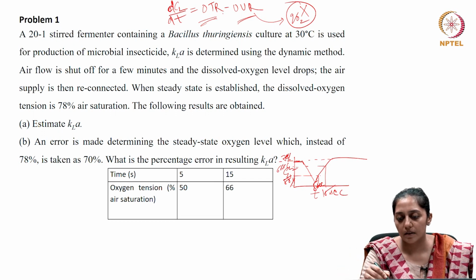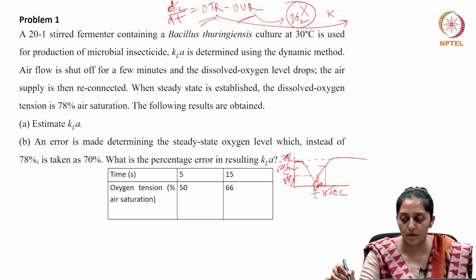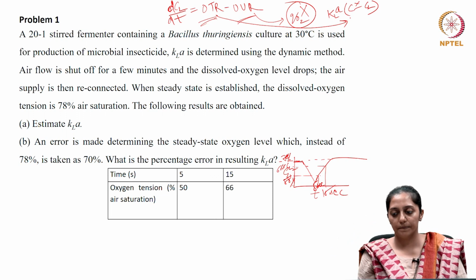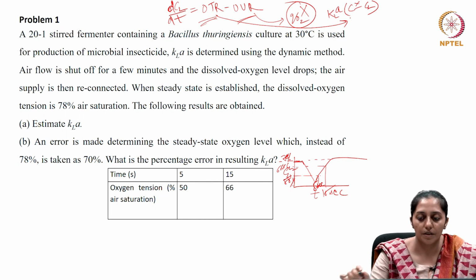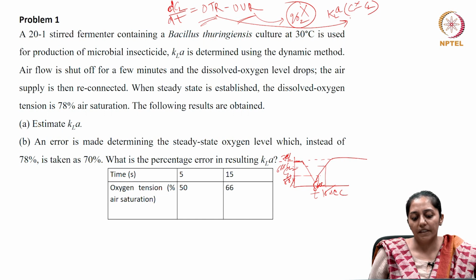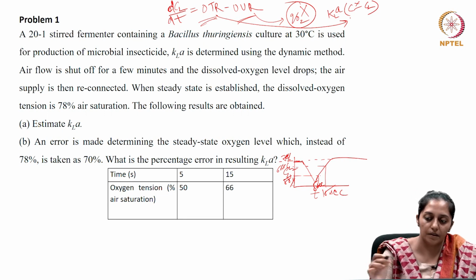And OTR is given as, we all know, volumetric mass transfer coefficient multiplied by the concentration gradient. So C star is your saturation concentration of oxygen, and Cl is the bulk oxygen concentration at any time point. So how do we calculate the value of KLA here?